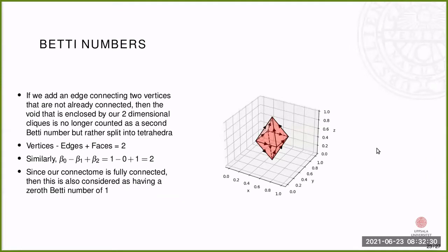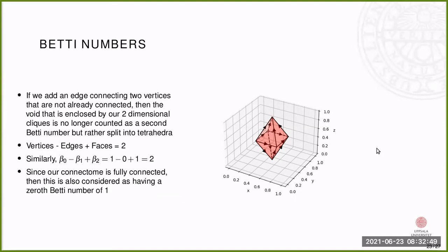There's another interesting thing where the Euler characteristic, when applied to polyhedra, has a relationship with Betti numbers. If we take our figure here, we have 6 vertices, 12 edges and 8 faces. When we take the alternating sum, we get 2.